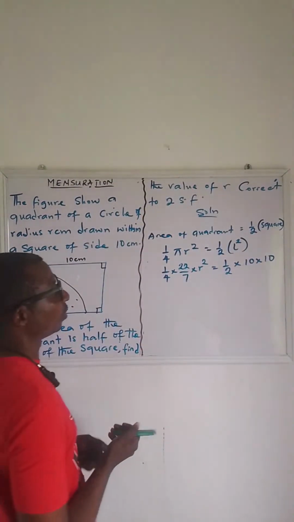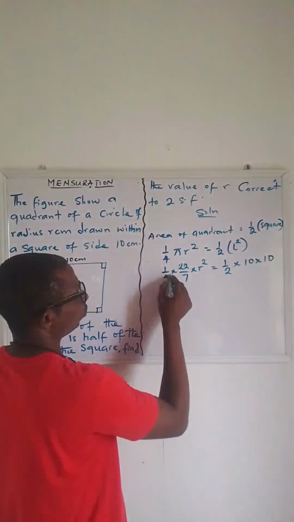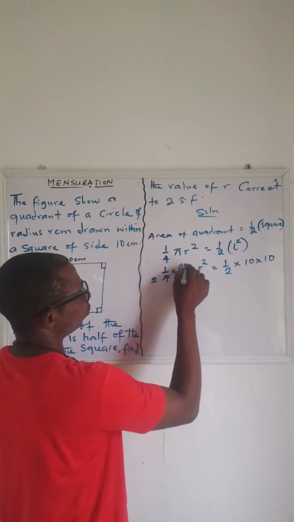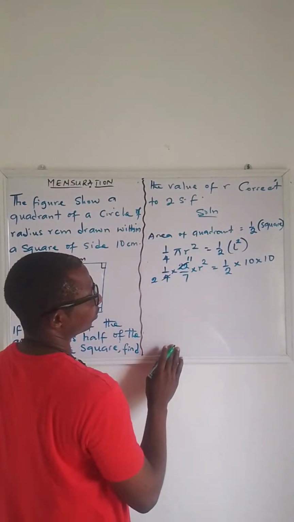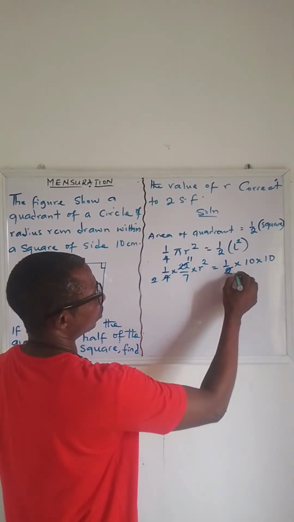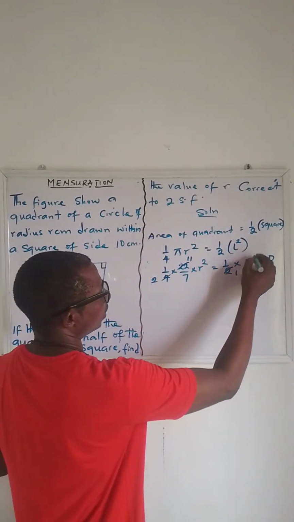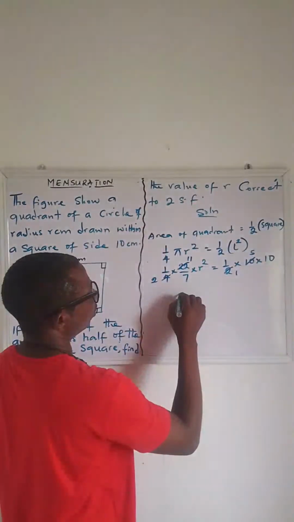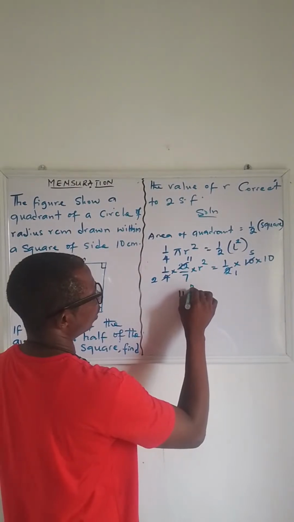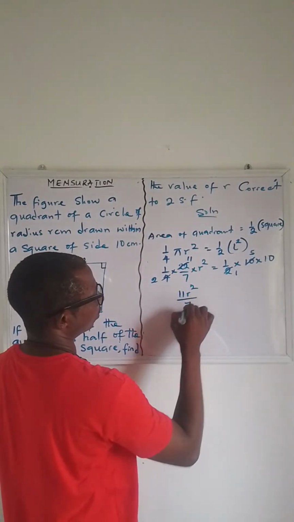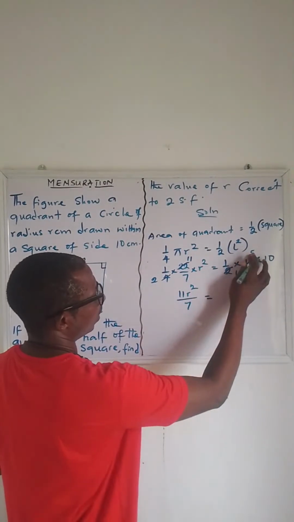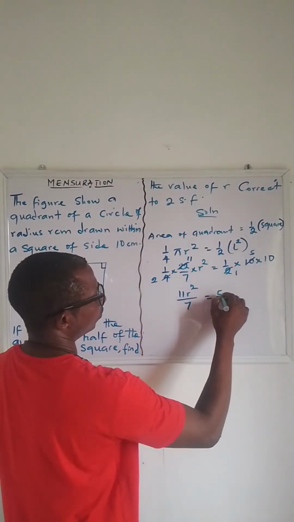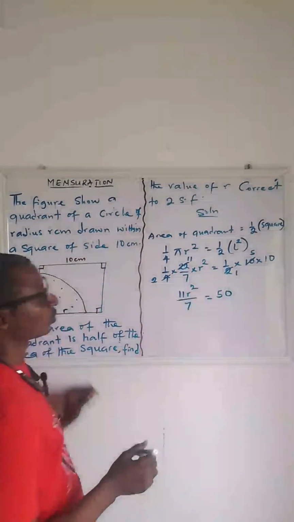Now let's simplify. 2 goes here, 2 goes here, 11. 2 goes here is 1, 2 goes here is what? Is 5. So we have 11r squared over 7 equals 5 times, that's going to be 50.